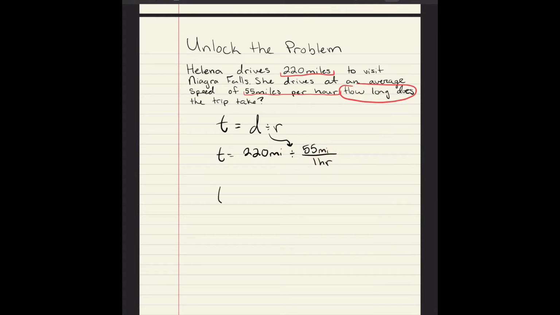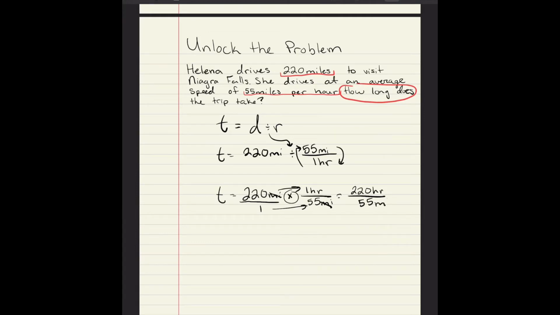So to do that, I'm going to keep 220 miles the same. And I'm going to flip my fraction and do inverse operation. So then it will be times 1 hour over 55 miles. And when I'm multiplying, I put my invisible 1 under. And now the miles are across from each other, so I can cancel them out. I can multiply straight across, which gives me 220 hours over 55 miles.